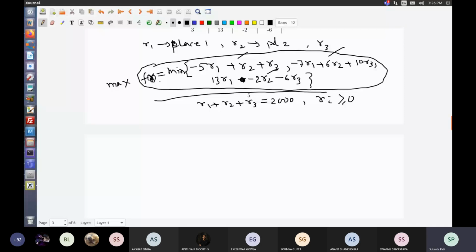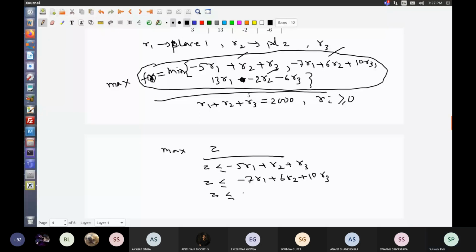So I will write this as: maximize z, subject to what? z has to be less than or equal to minus 5 R1 plus R2 plus R3, because z is the minimum, and z is also less than or equal to minus 7 R1 plus 6 R2 plus 10 R3, and z is also less than or equal to 13 R1 minus 2 R2 minus 6 R3, and then I have R1 plus R2 plus R3 equal to 2000, and Ri greater than or equal to 0.